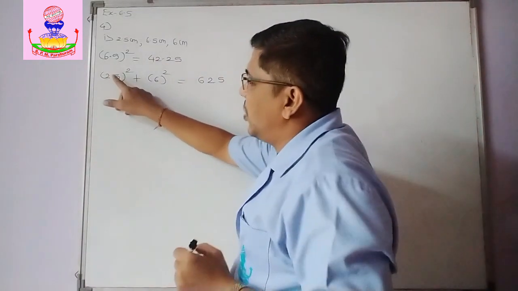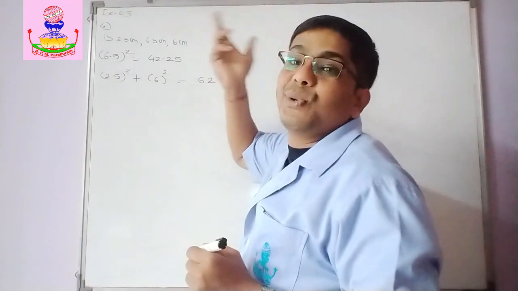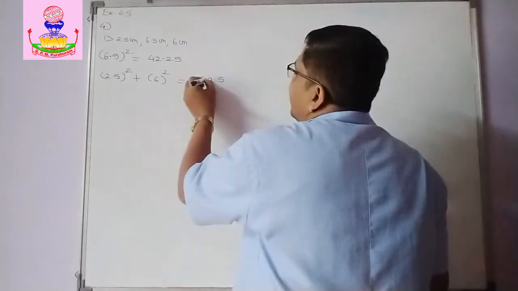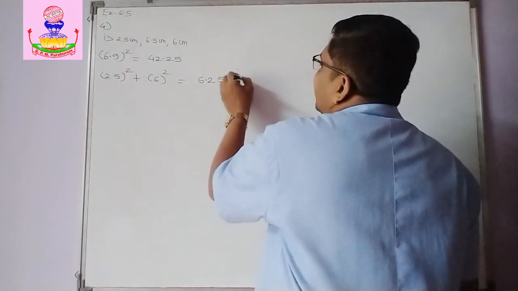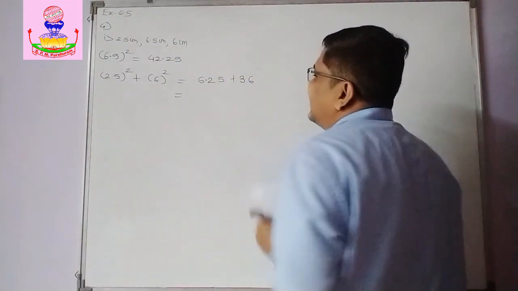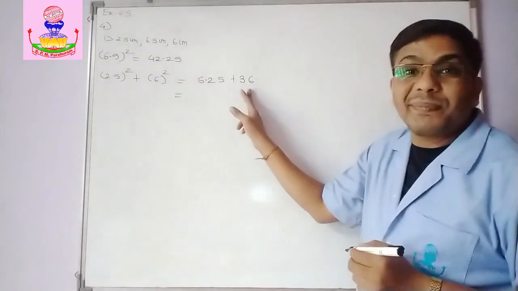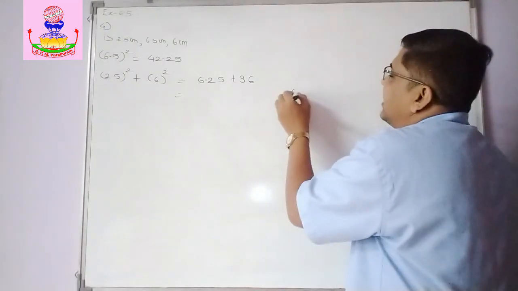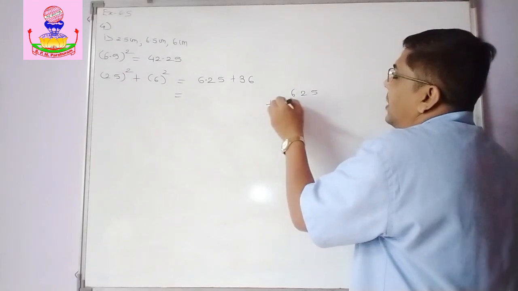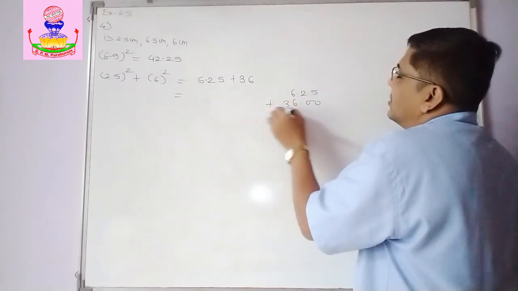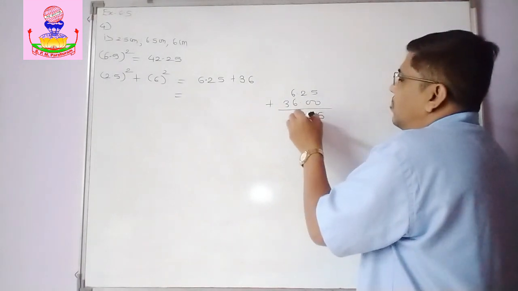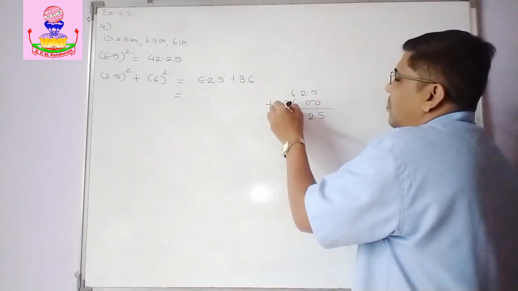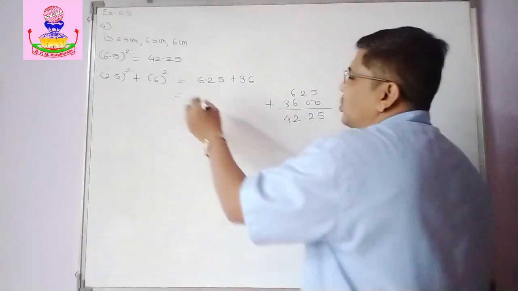Now here after the decimal point there is 1 digit, so in the square after the decimal point there will be 2 digits. So 6.25 plus 6 square is 36. Now while adding, don't make a mistake. Here is the decimal point, so I will write it like this: 6.25 plus 36.00. So this will be 42.25.